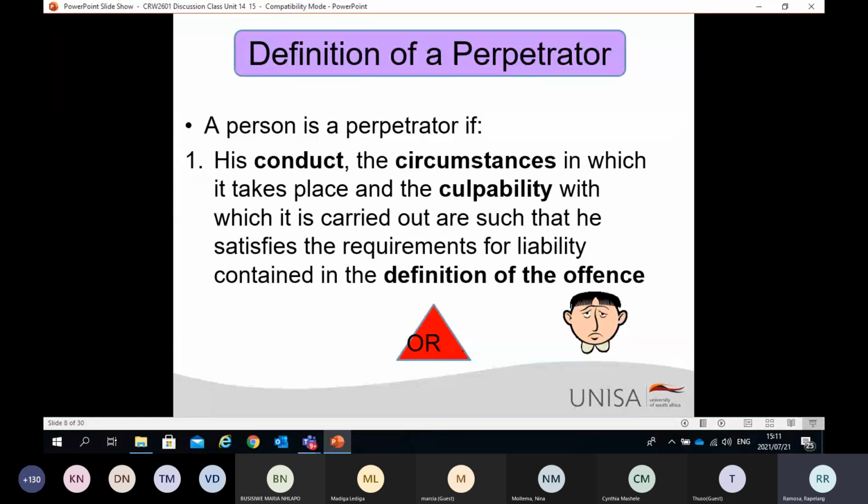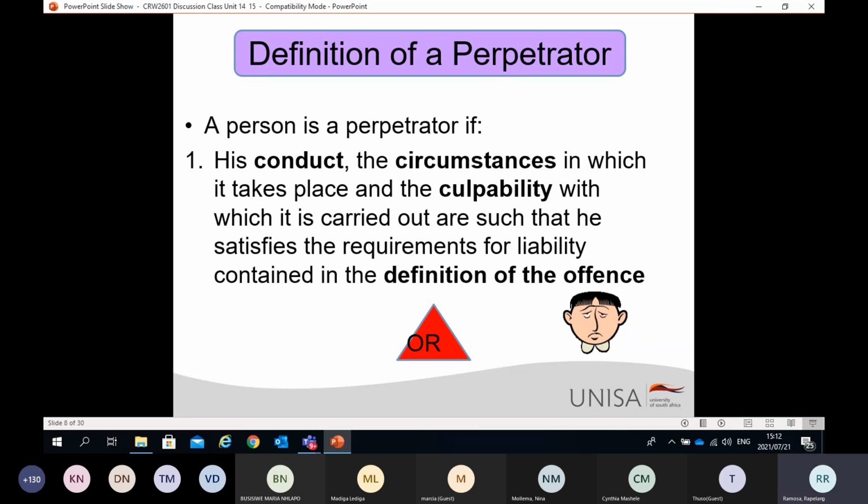Now, I want to stress, and I'll continue to stress in this section as we go along, the importance of definitions. We are now on page 196 of the study guide. And on 196, we have shaded blocks of perpetrator and accomplice.